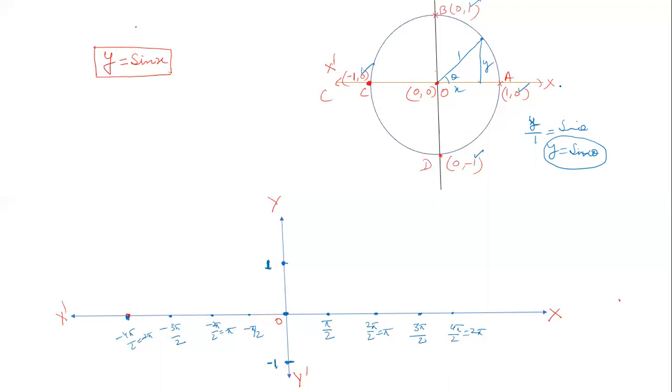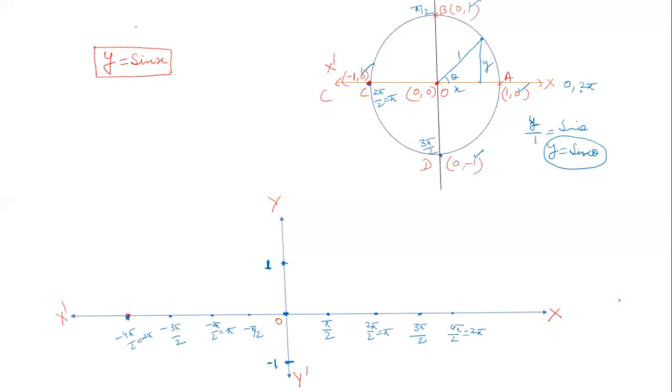This is your 0 radian or 2 pi radian. This is pi by 2. This point C is 2 pi by 2, that is pi. This is 3 pi by 2.